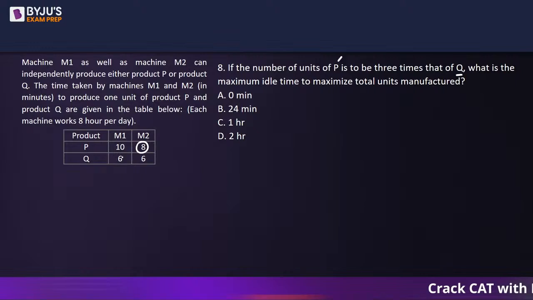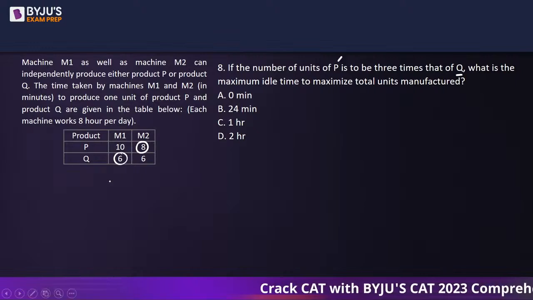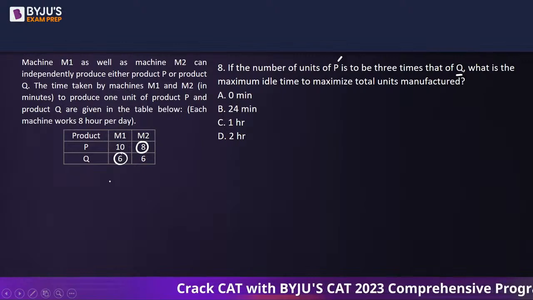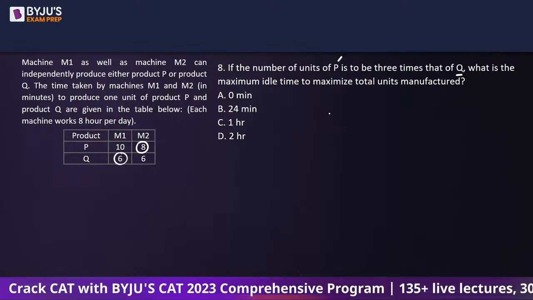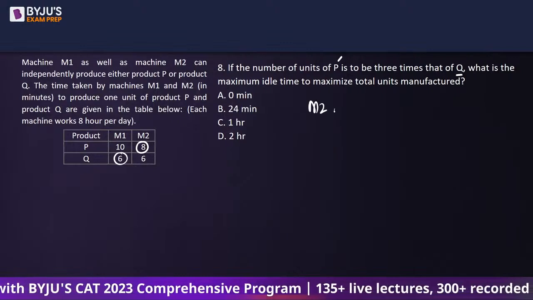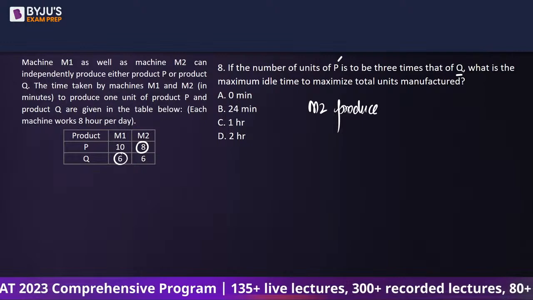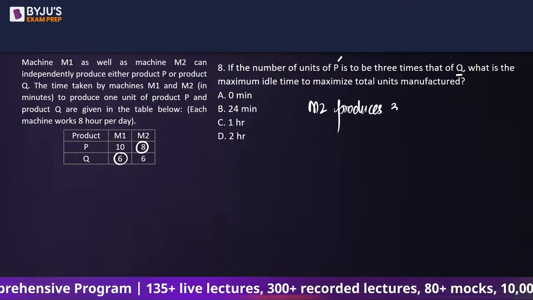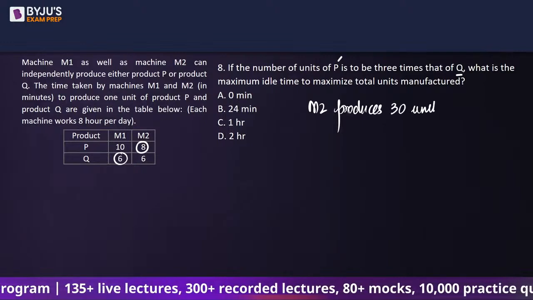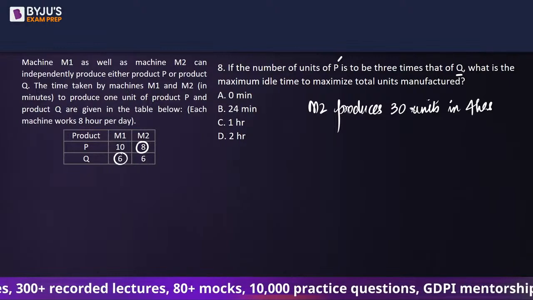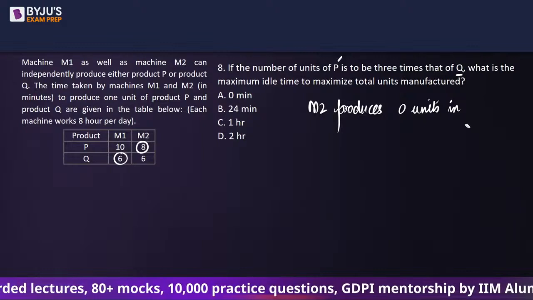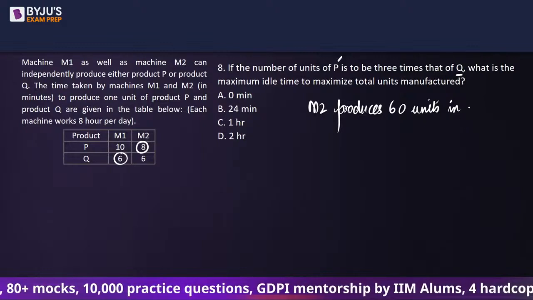And in the meantime, Q is going to be produced by M1, right? So we know that M2 produces, we just saw, 30 units in 4 hours. So that will make 60 units in 8 hours.